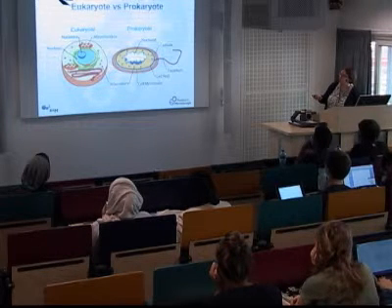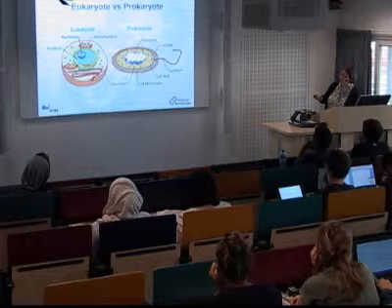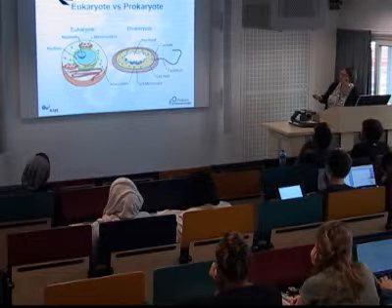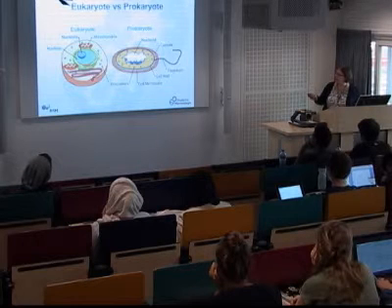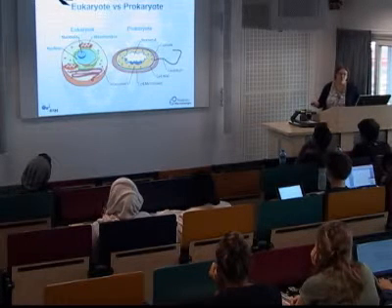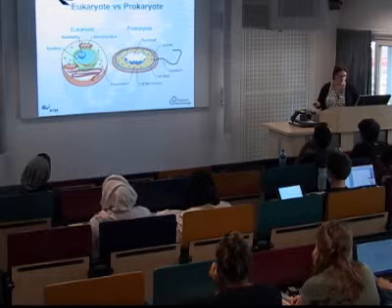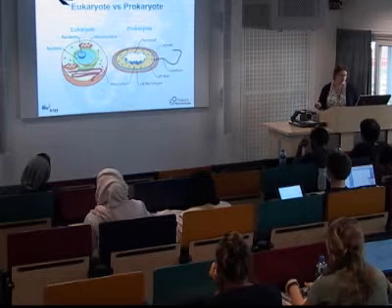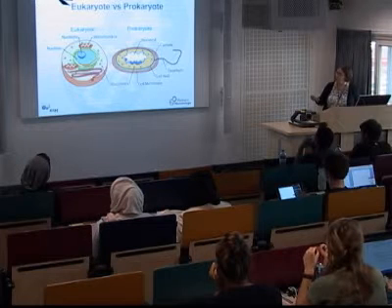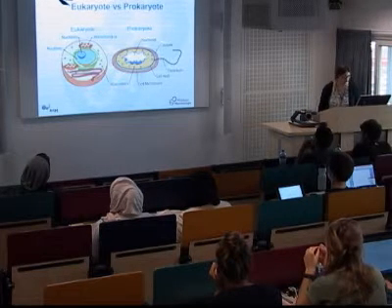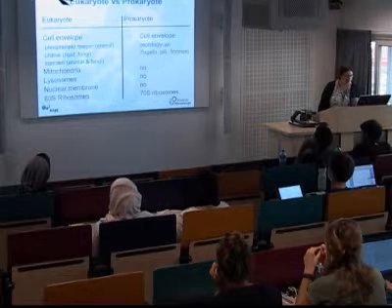They don't have a nuclear membrane, so the DNA is free in the cytoplasm. They have structures outside, like a flagellum, for example, that they can use to swim around. And also the ribosomes are different. And for the rest, there are some things that eukaryotes have that prokaryotes do not. So I summarized that here.